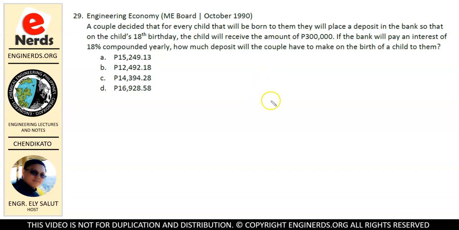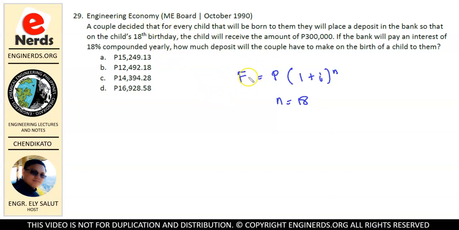Okay? So same lang nung ginamit nating equation kanina. So we have F is equal to P times 1 plus i to the n. In this case, our n is equal to 18, because we want to find out how much it will be after 18 years, kapag nag-reach na ng 18 years old yung kanilang anak.